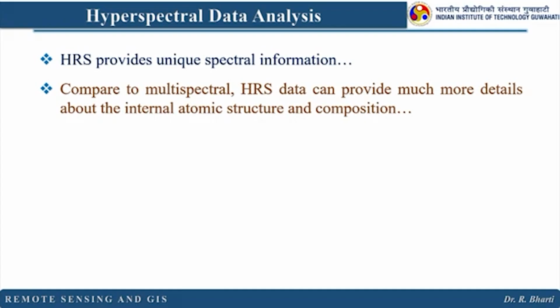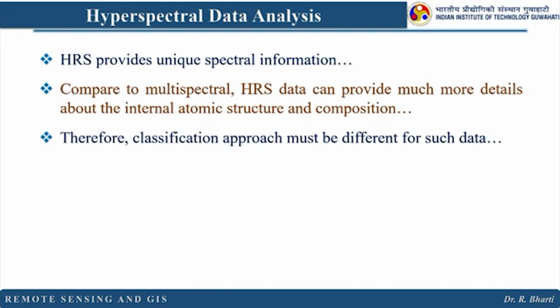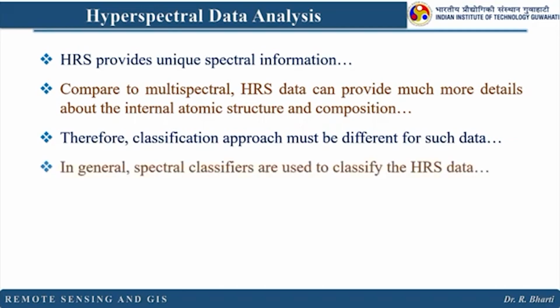Why? Because our bandwidth is less, the number of bands is more, and they are contiguous in nature, right? Therefore, the classification approach must be different for such a data set. When we have certain advantages, there will be some complications, right?